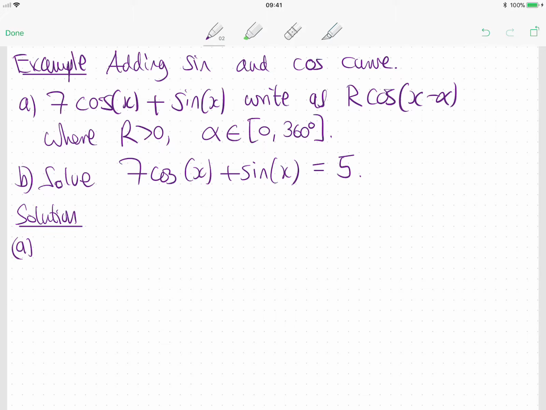Okay, so let's start with part a. We have 7 cos x plus sine x, and we know that it can be written in this form.